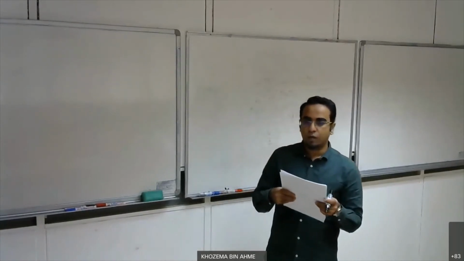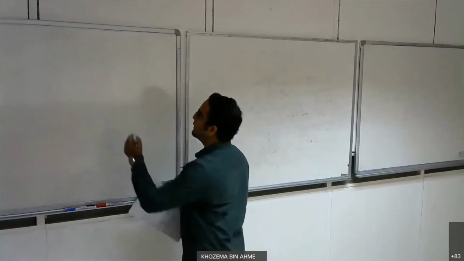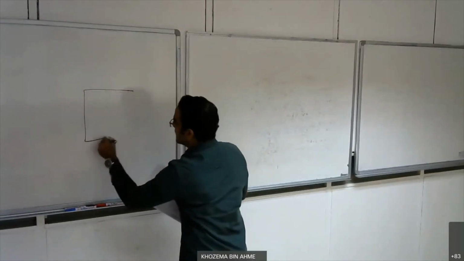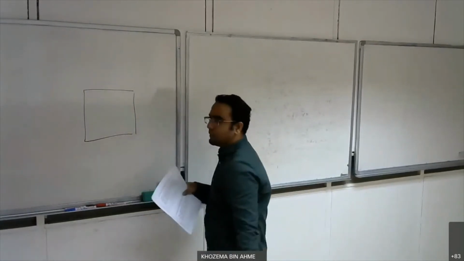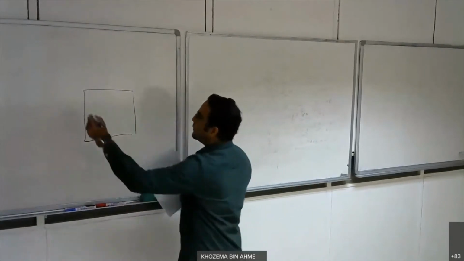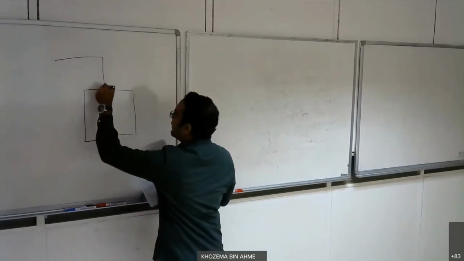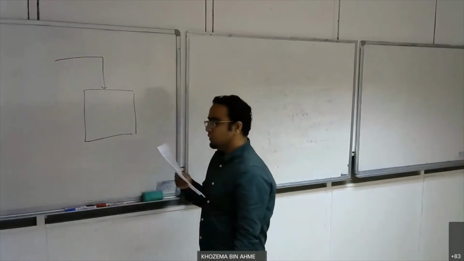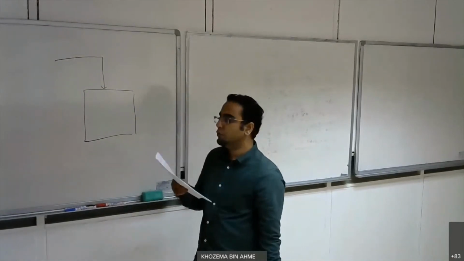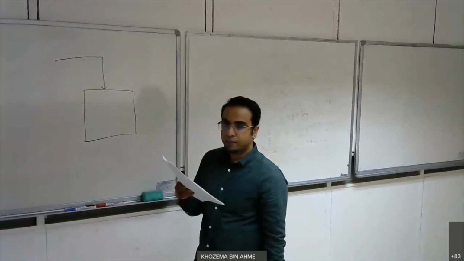Okay, so you have 4 streams here. So it's a little bit complicated. Again, this is a mixer. So let's say this is your stream number 1, which is the spent acid.